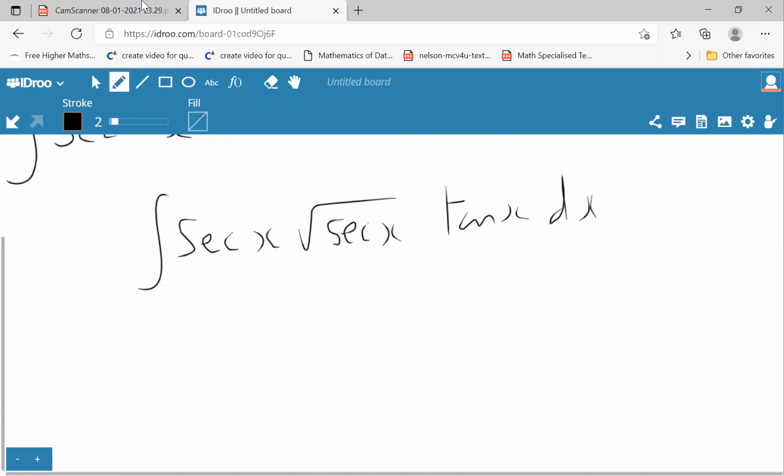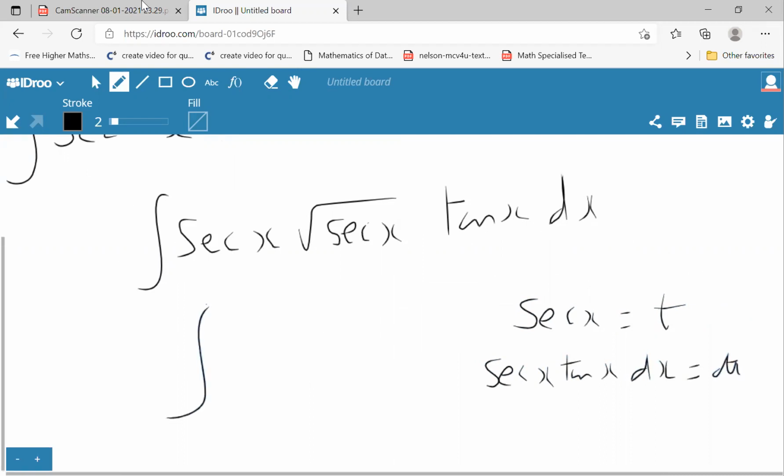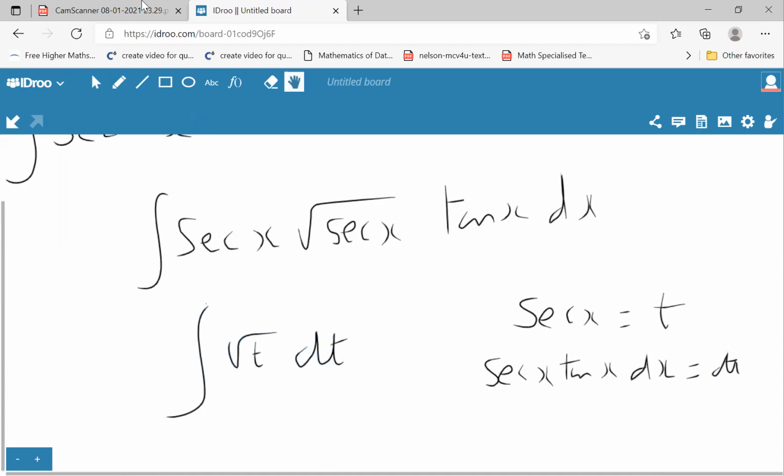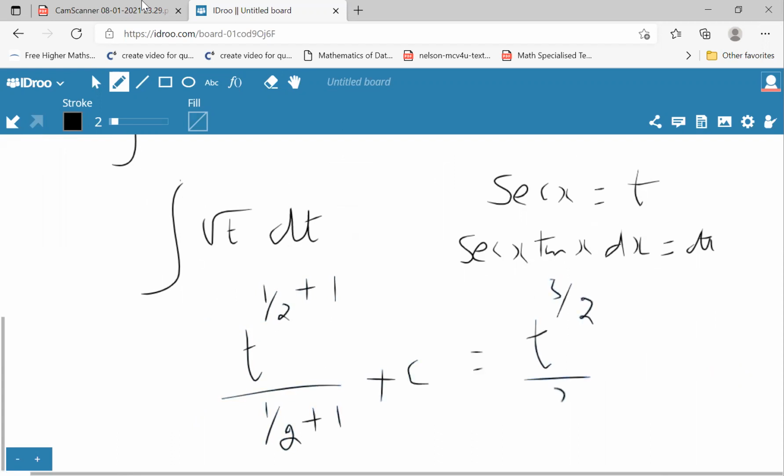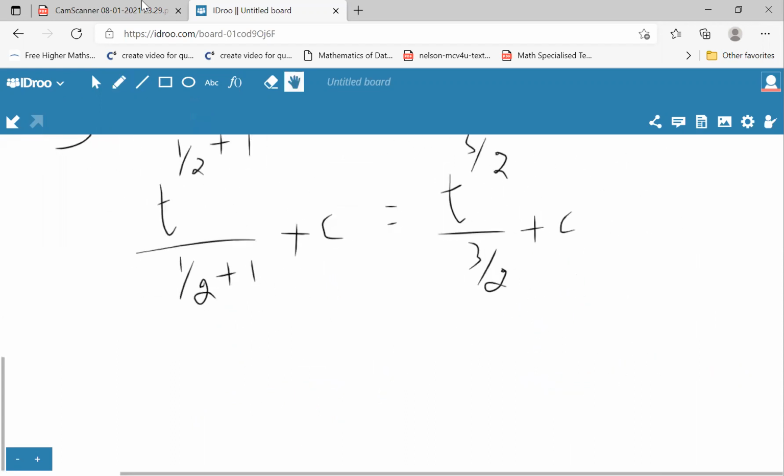So now here you can take secant x as t. When you differentiate, you get secant x tan x dx is equal to dt. So this now simplifies to root t dt. Now this is going to be very simple. You can directly integrate. So that gives you t to the power of half plus 1 by half plus 1 plus c, which is nothing but t to the power of 3 by 2 by 3 by 2 plus c, or you can now substitute back for t.